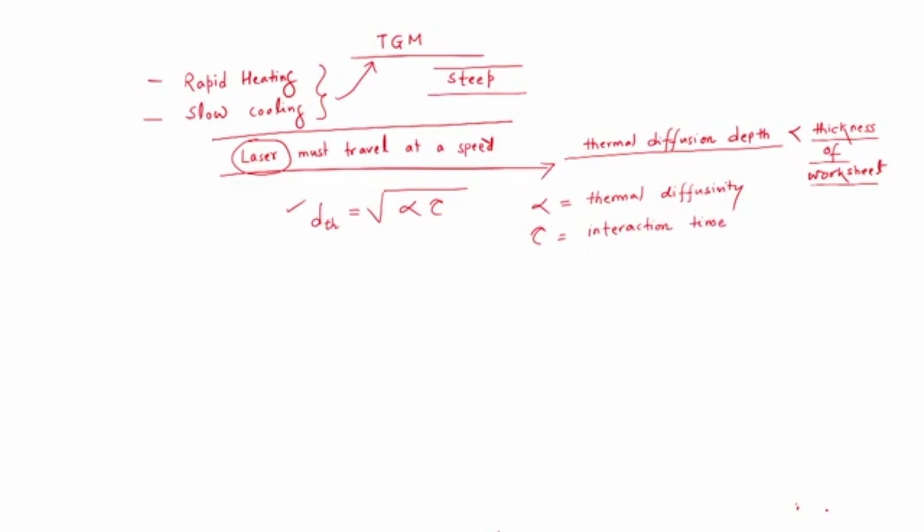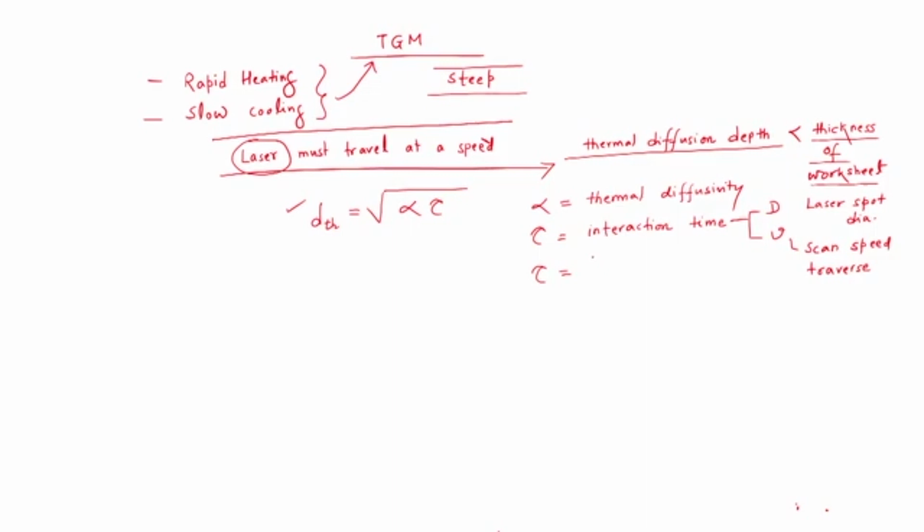This laser material interaction time is dependent upon two factors. First one is the diameter of the laser beam, the laser spot diameter, and the second one is the scan speed, in some cases called the traverse speed as well.